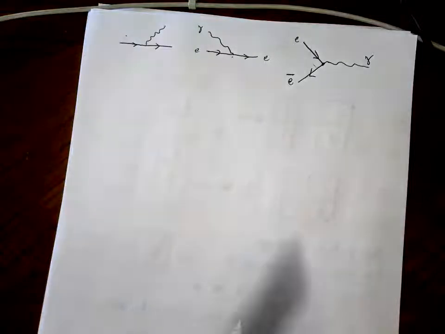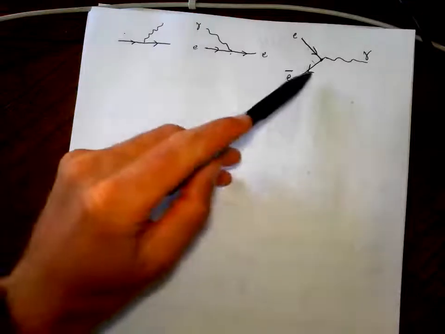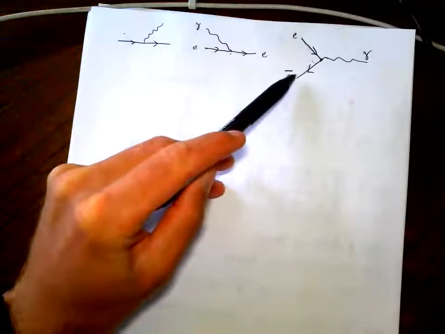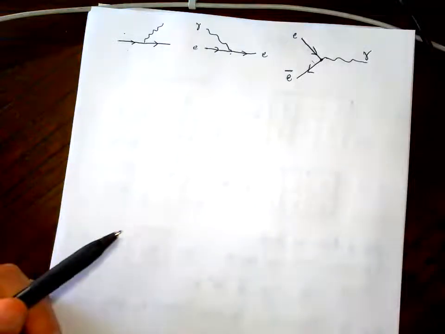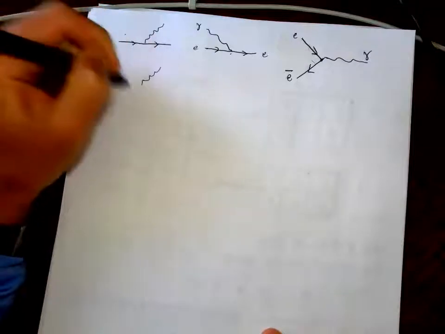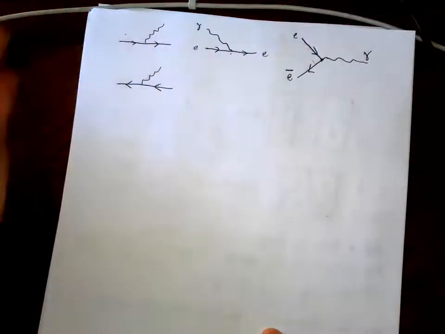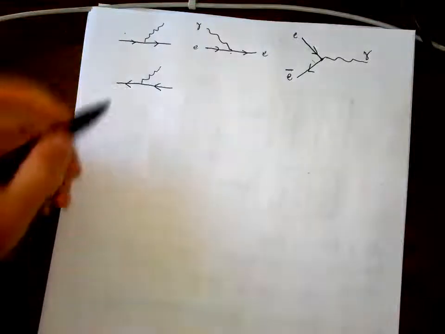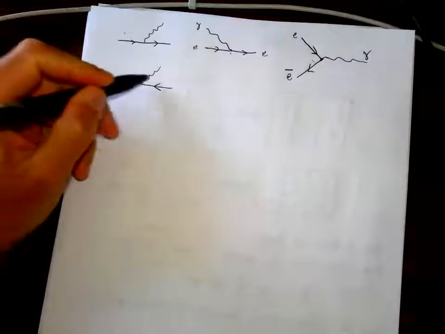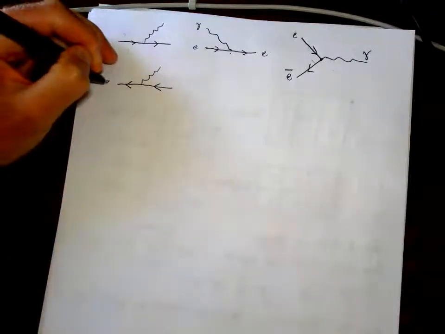But notice how it's the same idea of the vertex. It has one arrow going in, one arrow going out, and a force carrier. Okay. So I could draw it a different way. So this is also a valid vertex. See how this has one arrow going in, one arrow going out, and a force carrier, okay? But this arrow is going against time, so that must be an antiparticle.